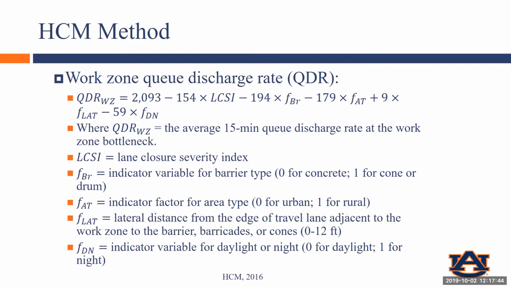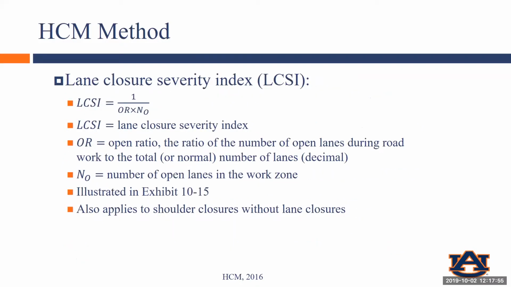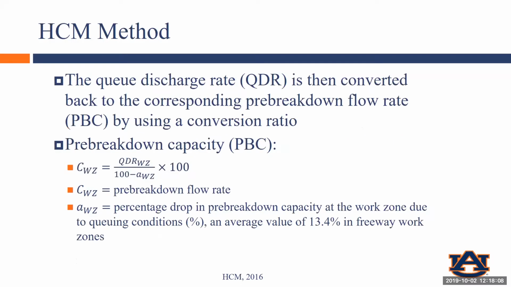If you put all these variables in, the formula gives you the work zone Q discharge rate. Based on the Q, this is how we estimate the lane closure severity index. It is basically how many lanes are open and how many lanes are closed, and you get the index based on that formula.